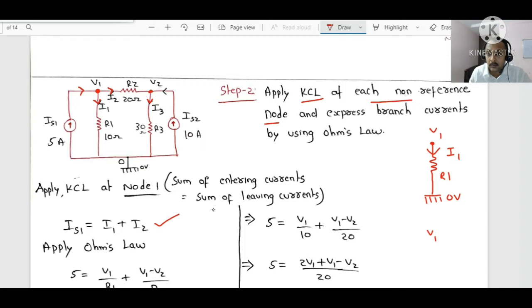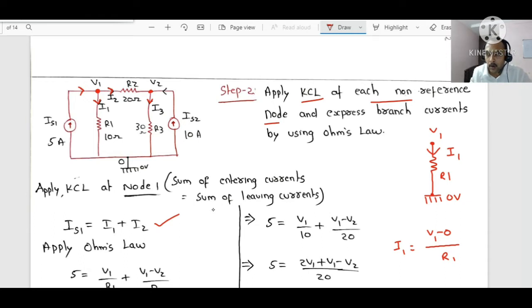What is the voltage difference? This is where most of the students commit the mistake. At one end the voltage is V1, at the other end of the resistor the voltage is 0. The voltage difference divided by the resistor gives the current. I1 equals (V1 minus 0) divided by R1.